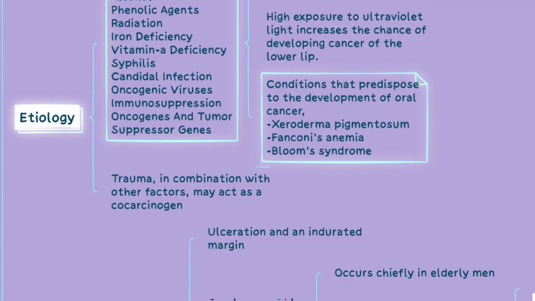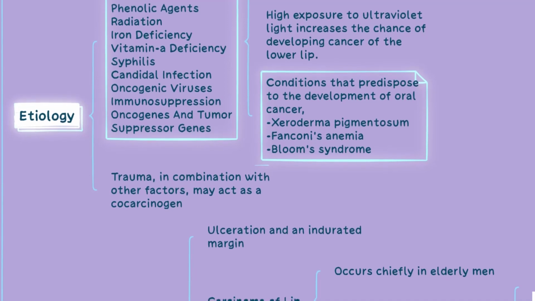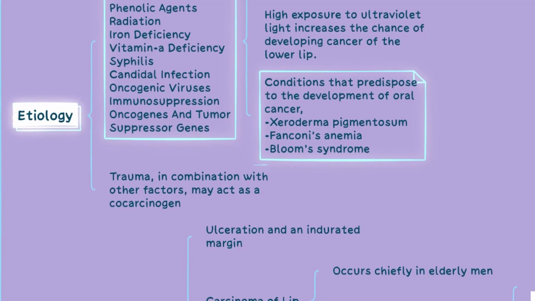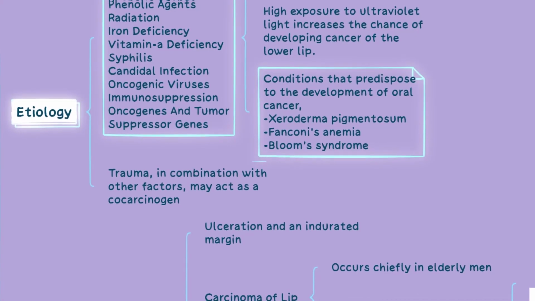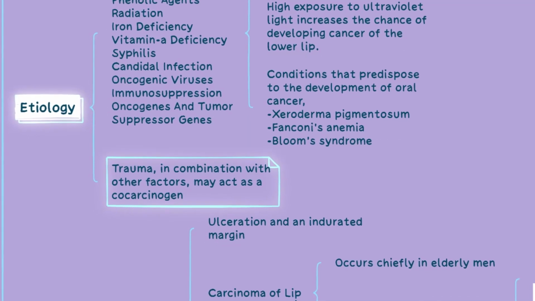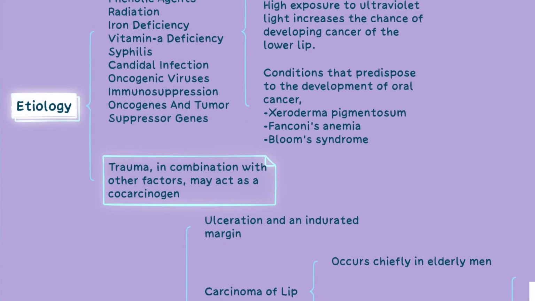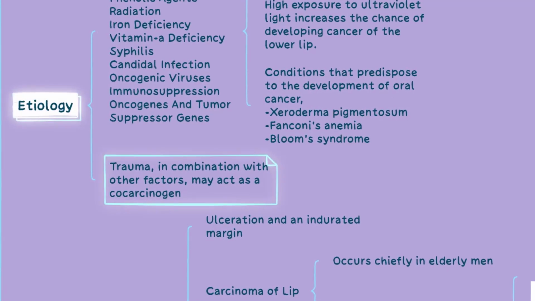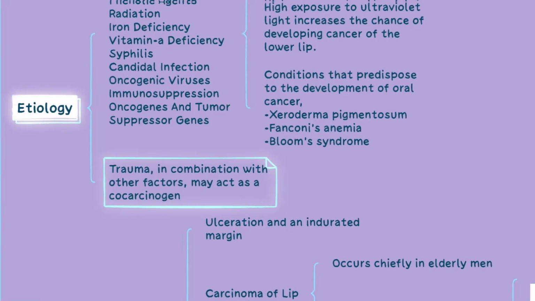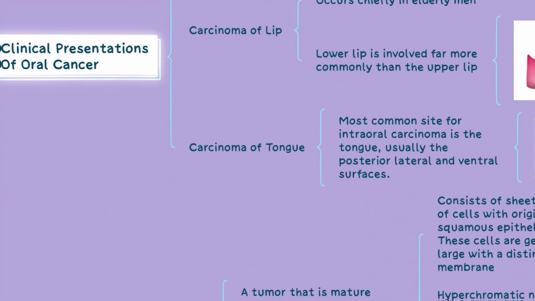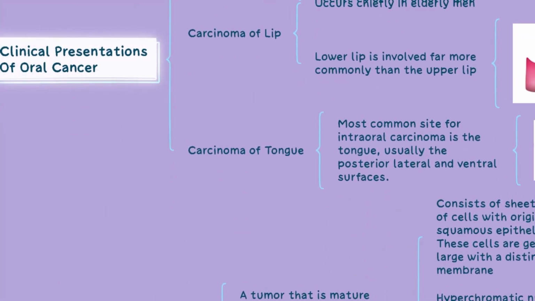Certain genetic disorders such as xeroderma pigmentosum, Fanconi's anemia, and Bloom's syndrome can predispose individuals to the development of oral cancer. Trauma, in combination with other risk factors, may act as a co-carcinogen, increasing the likelihood of SCC development in affected areas. Clinical presentations include ulceration and an indurated margin.